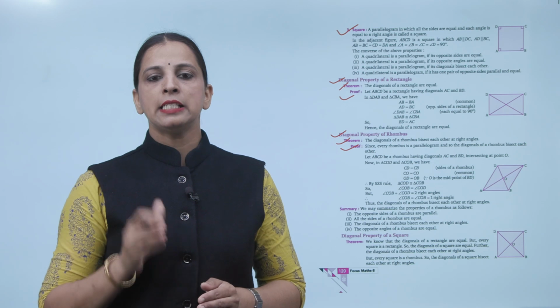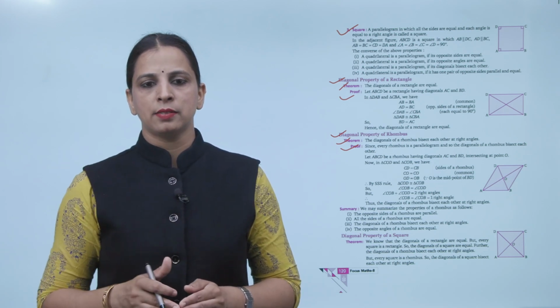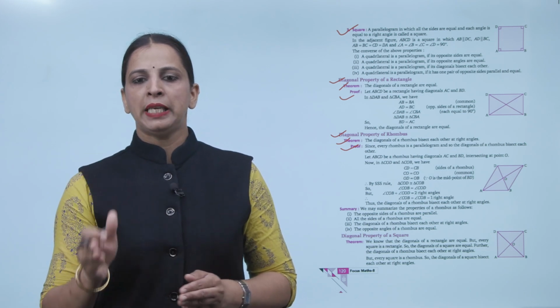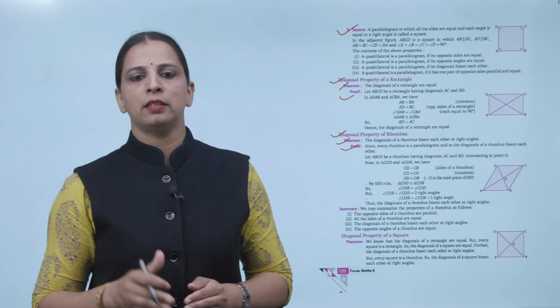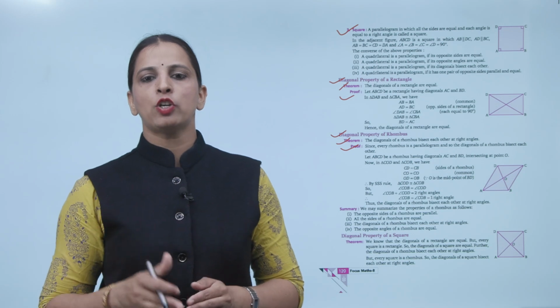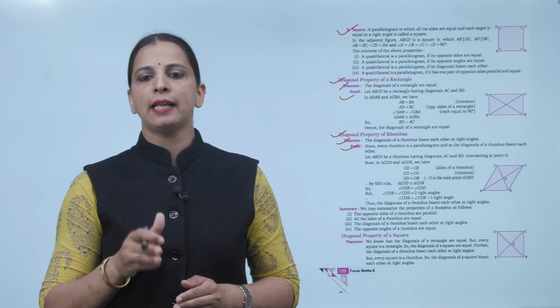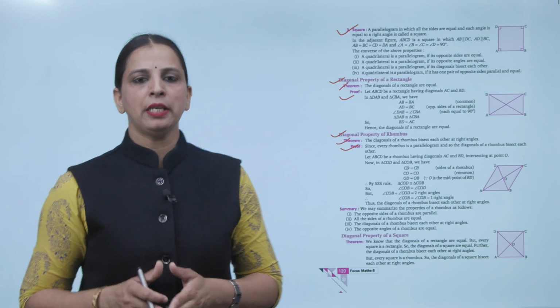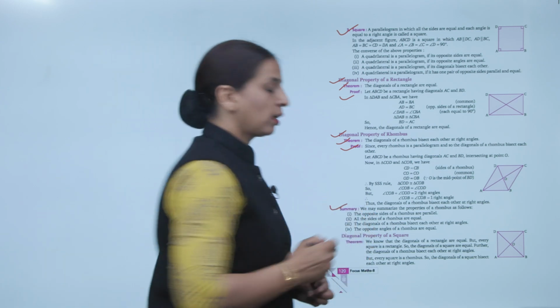But angle COB plus angle COD is equal to two right angles. So, angle COB is equal to angle COD is equal to one right angle. Thus, the diagonals of a rhombus bisect each other at right angles. Right angle means 90 degrees. Now, summary.